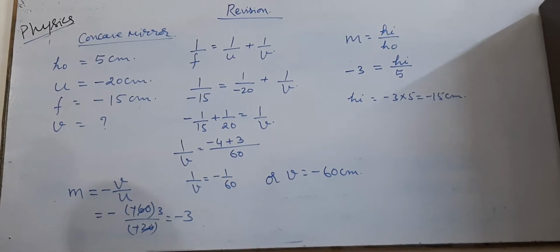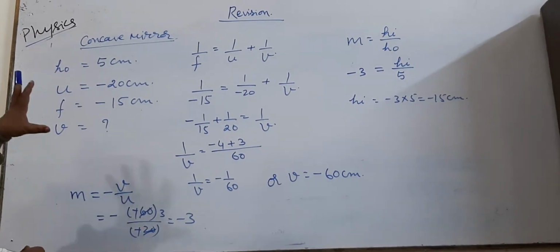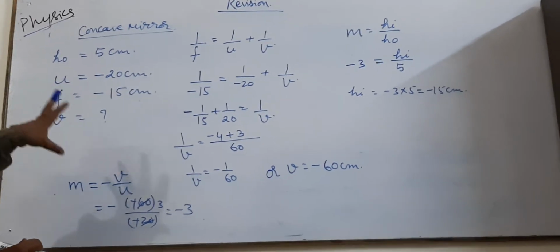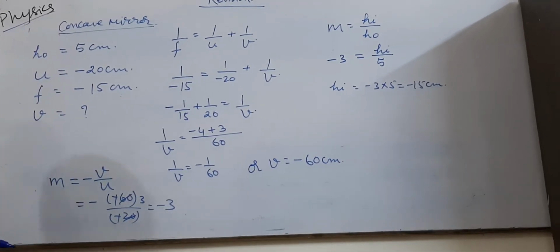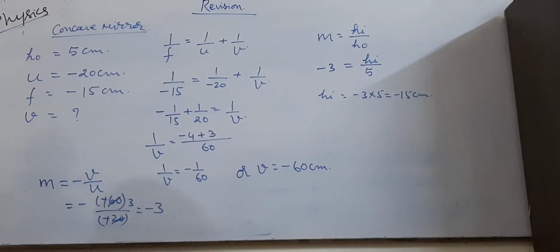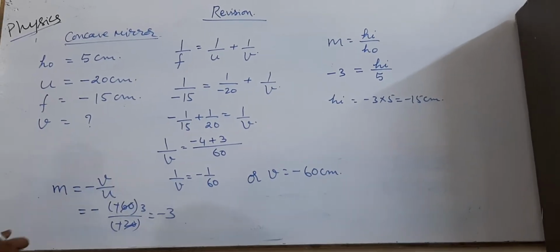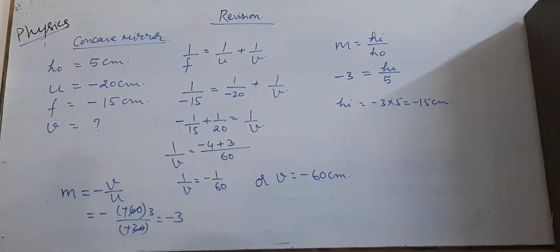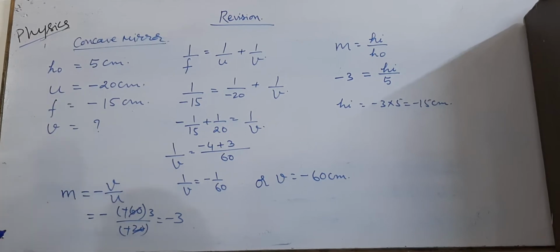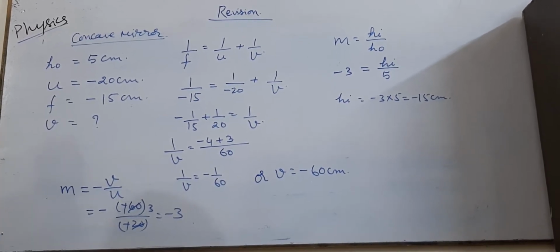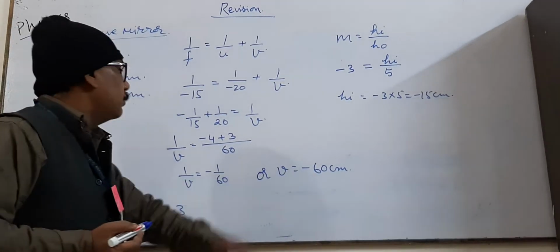Now see, if in the same question one part is added that you have to draw the ray diagram also related to this condition, then you have to see here the focal length is given 15 centimeter and object is at 20 centimeter. Image distance is 60 centimeter.